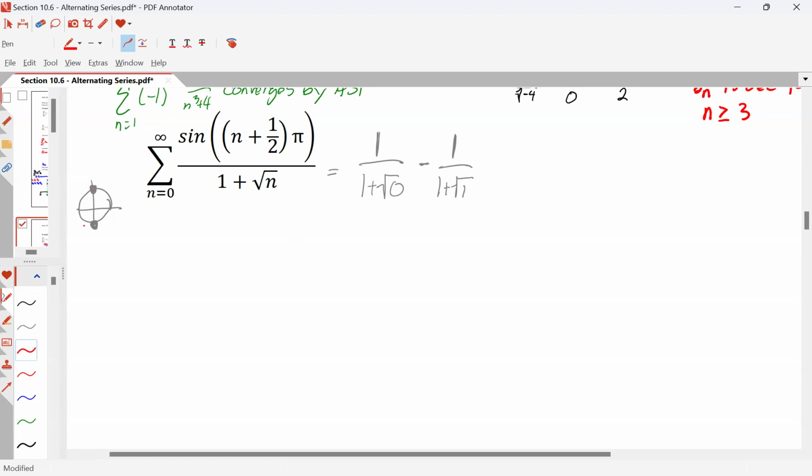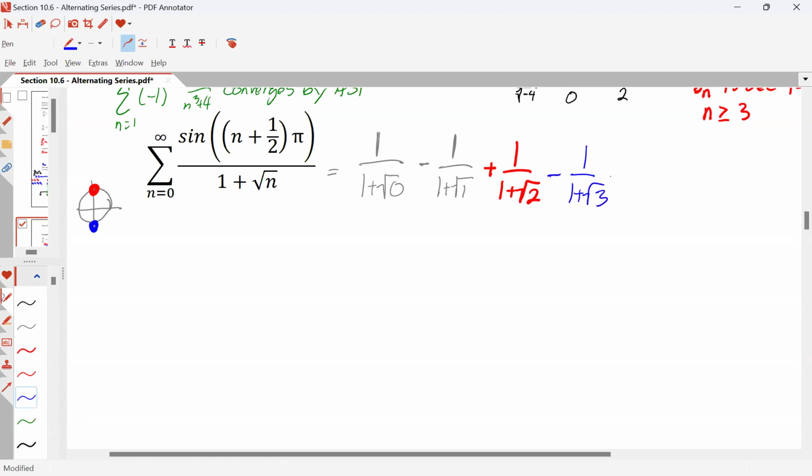So this would be plus 1 over 1 plus the square root of 2. And then one more, when n is 3, 3 plus 1/2 is 7 over 2. So we have sine of 7 pi over 2. Sine is back at the bottom of the unit circle, so we'd have minus 1 over 1 plus the square root of 3.